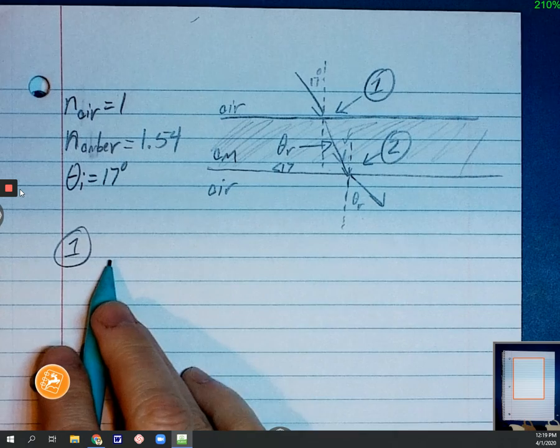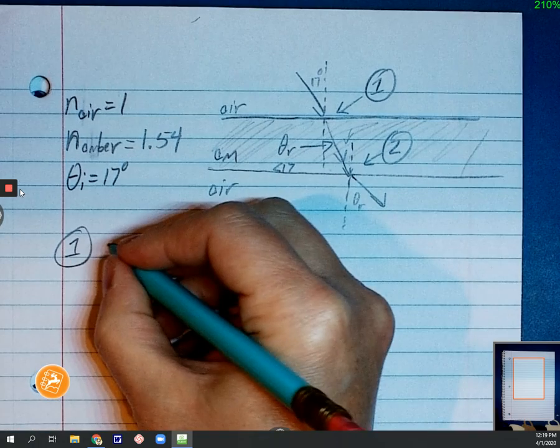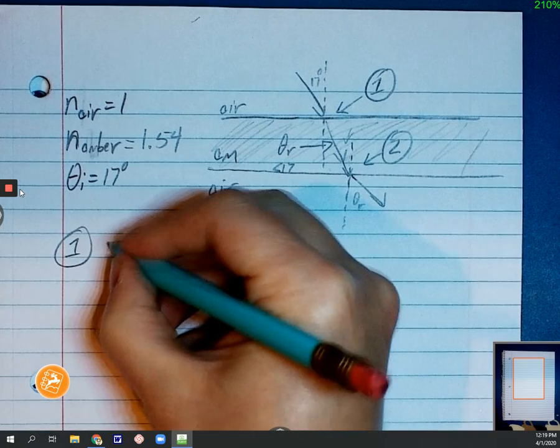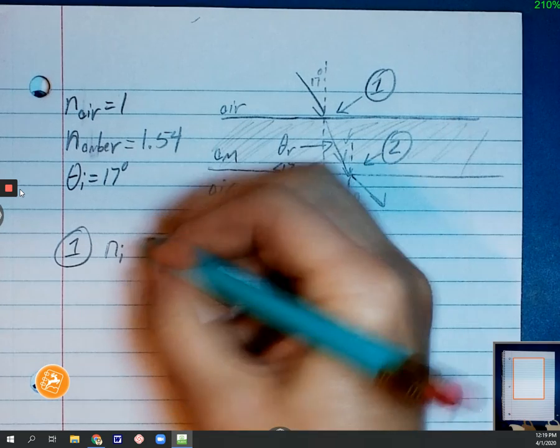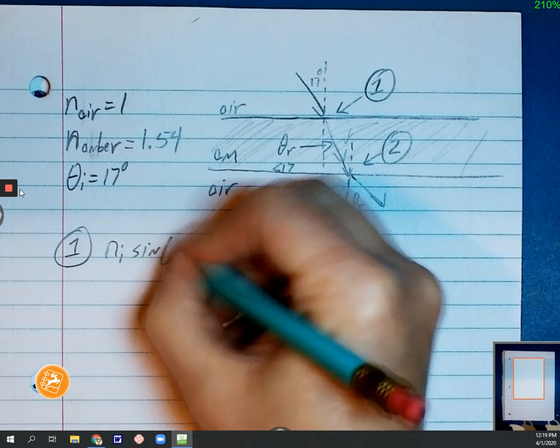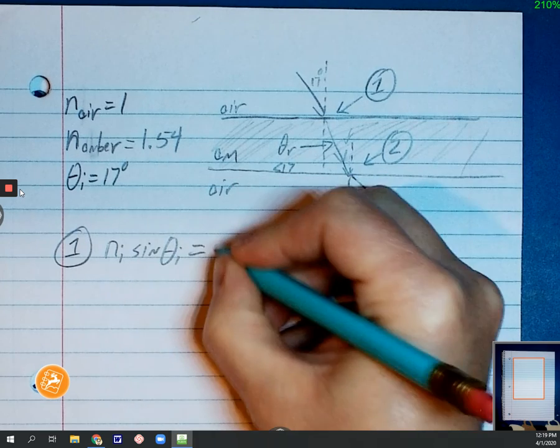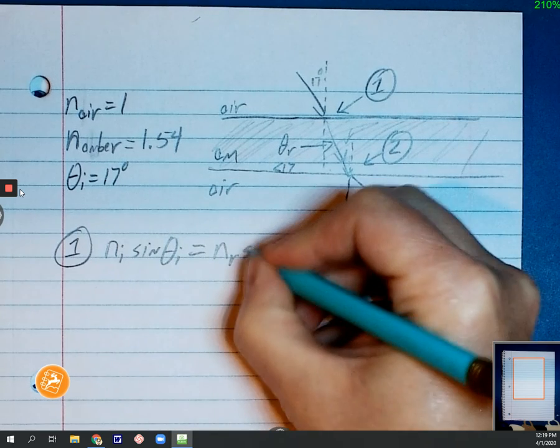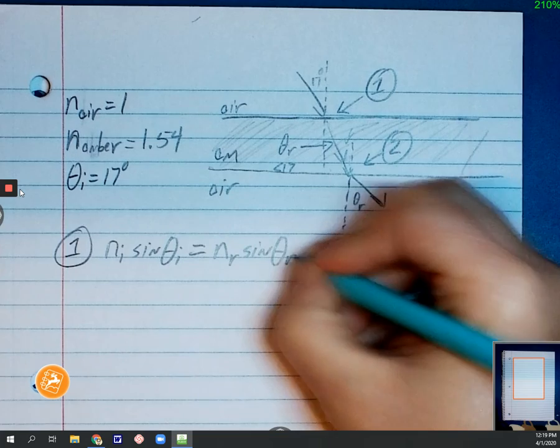And we're going to say, again, using Snell's law, that n sub i times sine theta sub i equals n sub r times sine theta sub r.